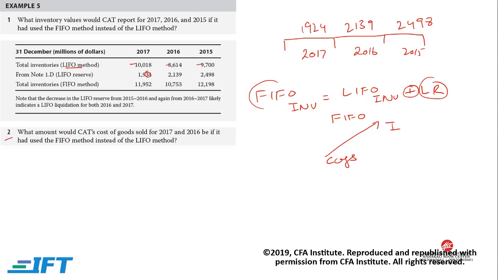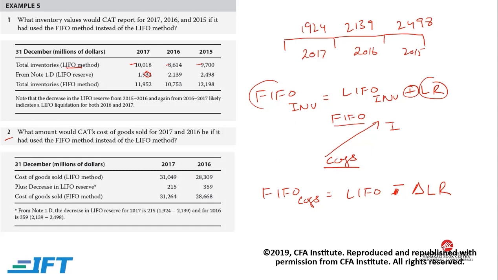Question 2. What amount would CAT report as cost of goods sold for 2017 if it had used the FIFO method instead of the LIFO method? First in, first out cost of goods sold equals LIFO cost of goods sold, now cost of goods sold is less in FIFO, so instead of plus we need to have minus over here, and that is the change in LIFO reserve.